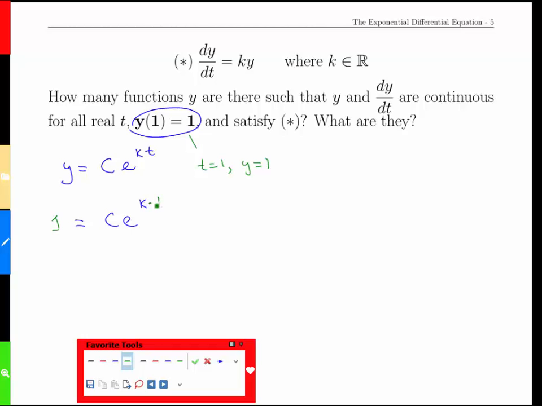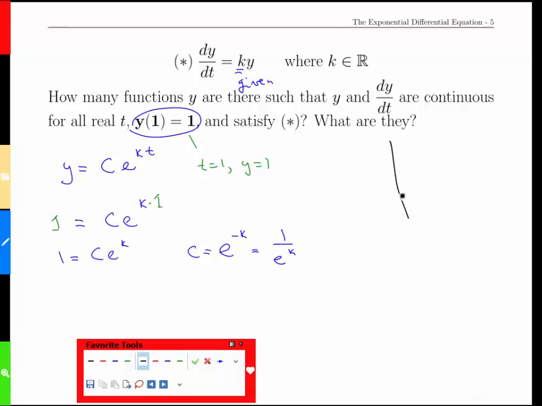Now this time it does matter that there's a k in here, but what this lets us do is solve for the constant c out front. k would be given, c is the value we would not know, and so we're going to solve for c, and that'll give us 1 equals c e to the k, bring the k down, we'd have c equals e to the negative k, or if you like, 1 over e to the k, which is equivalent.